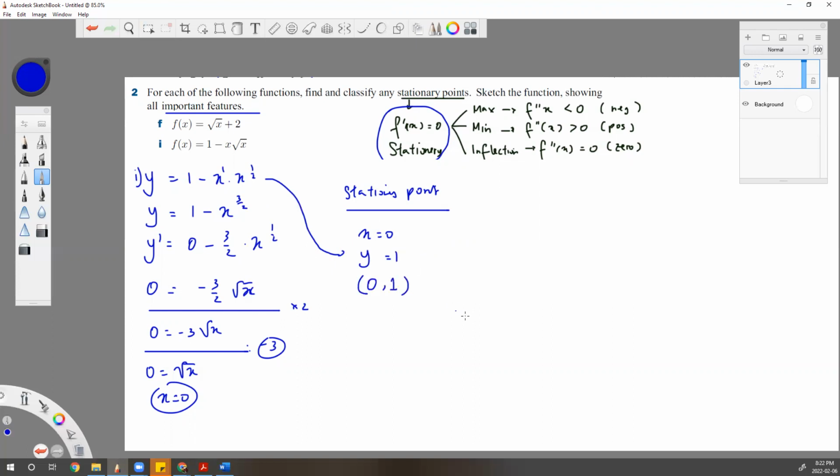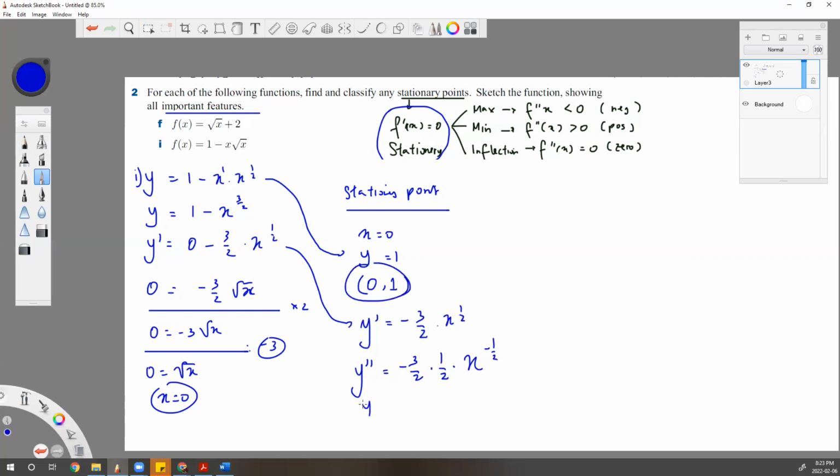What is the further feature of the stationary point, whether it is maximum, minimum, or inflection? You need to do the second derivative. We have the first derivative here. I will simplify the first derivative: y' equals -3 over 2 times x power half. So the second derivative equals -3 over 2 times half, you do the derivative, x power -half, and you put x as 0.